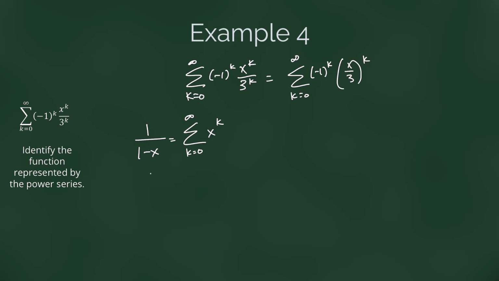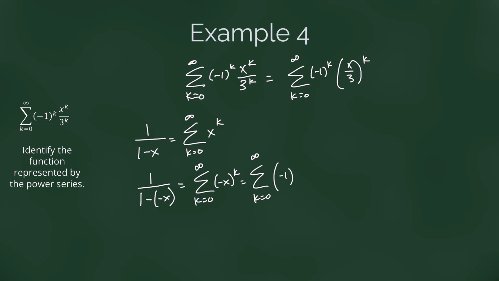And what that actually means is that if we sub in a negative x, we get the sum from k equals 0 to infinity of negative x to the k, which is the sum from k equals 0 to infinity of negative 1 to the k, x to the k, so changing this to a plus gives us the alternating series. And we have an alternating geometric series here.